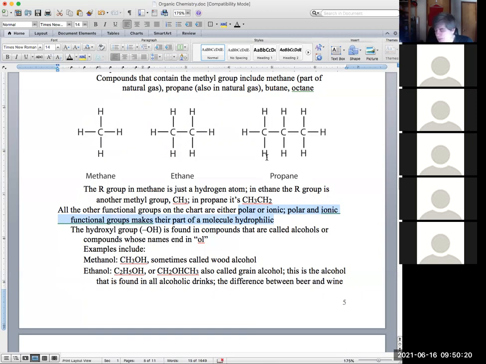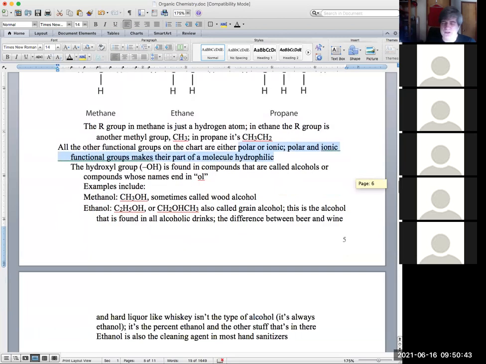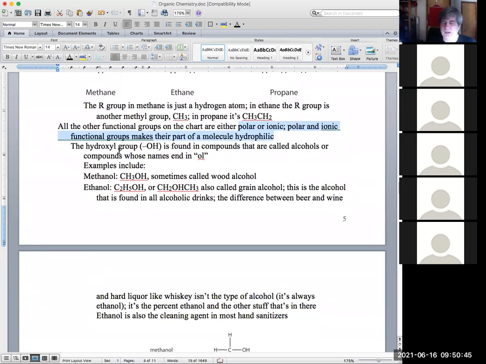A good example of this is, if you've ever seen a parking lot after it rains, a little oil slick where somebody spilled some oil or gasoline, and it floats on top of the water, because nonpolar things and polar things don't generally mix very well. We'll talk about one or two exceptions later, but they really are exceptions.